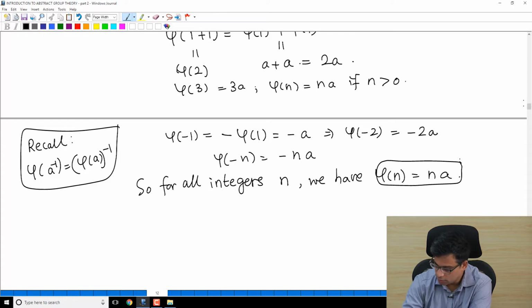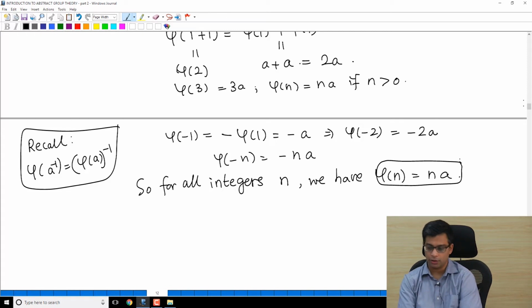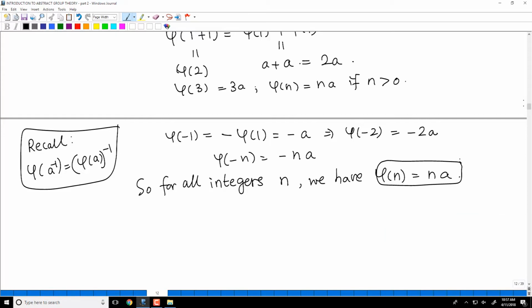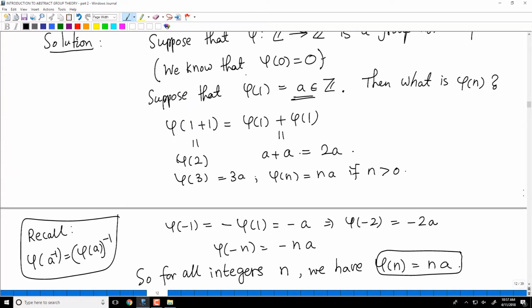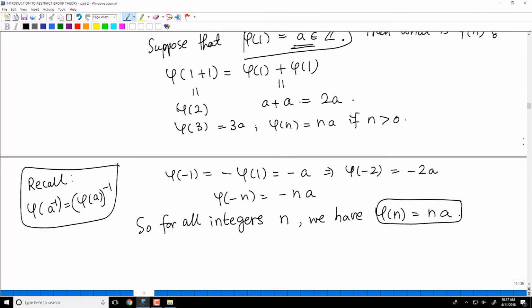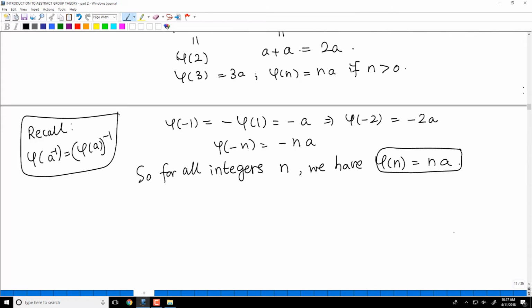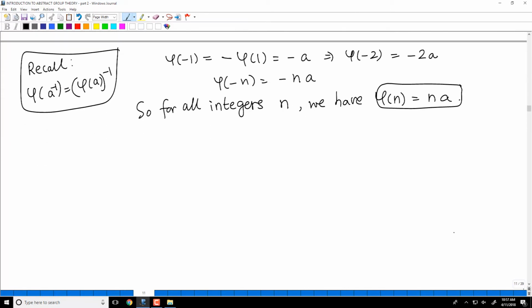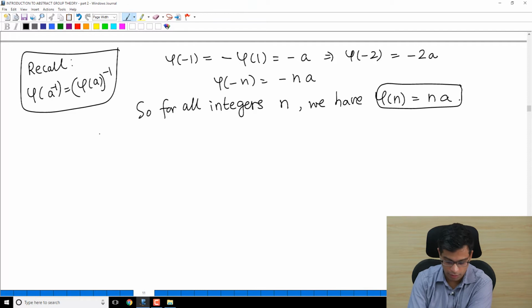So let's take a minute to think about what this means. I have only prescribed what is phi of 1, right? And I called it a. It's some integer, I called it a. But then I have no choice on what the other images should be. Once I determine what phi of 1 is, I am forced to have phi of n equals na. So how do you express this phenomenon?